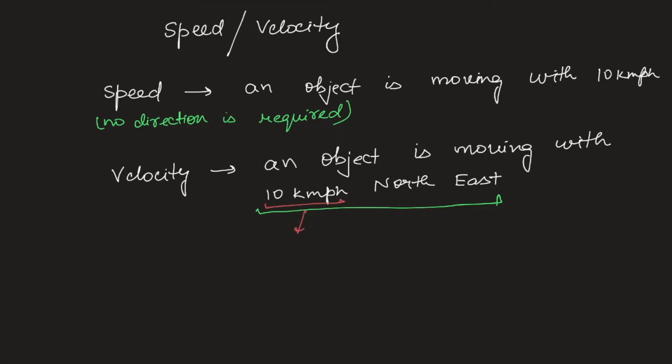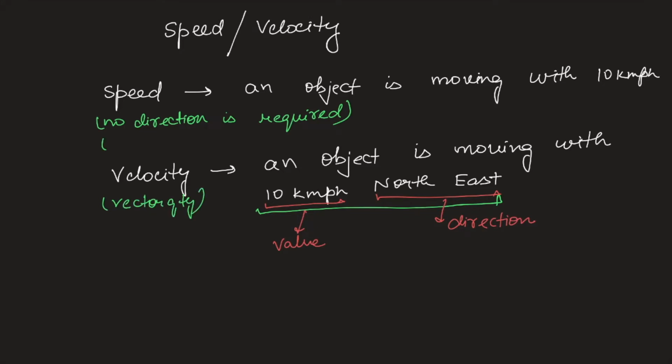First is the value and second is the direction. Since both value and direction are specified, velocity is a physical quantity that involves direction, and it is a vector quantity.